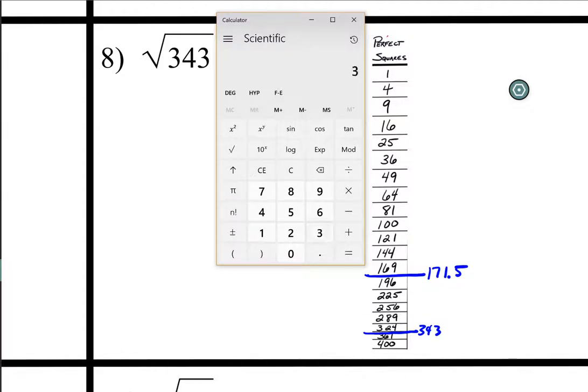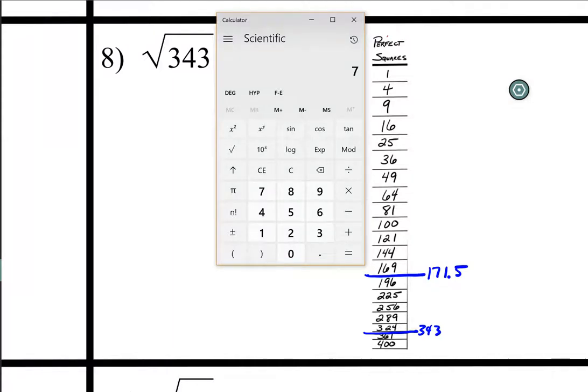Okay. How about 343 divided by 81? Nope. Doesn't work. 343 divided by 64. Remember, 4 times nothing gets you a 3. So how about 343 divided by 49? Oh, you never would have guessed that, would you?